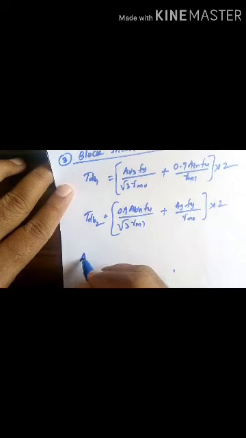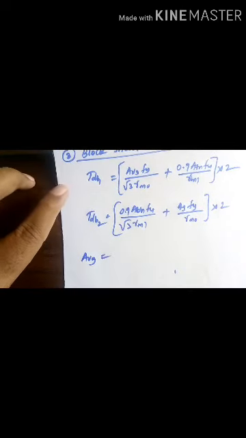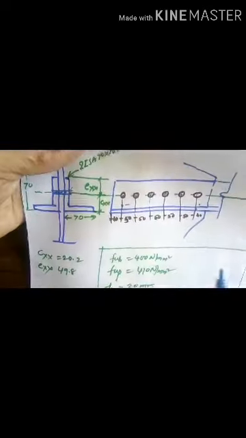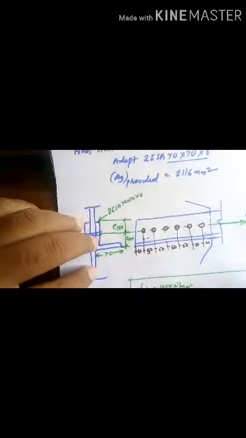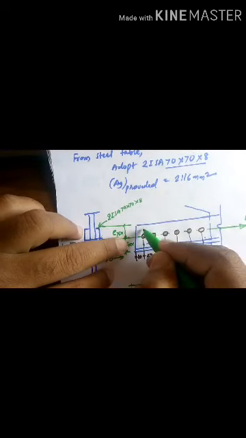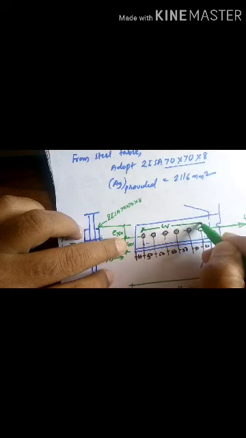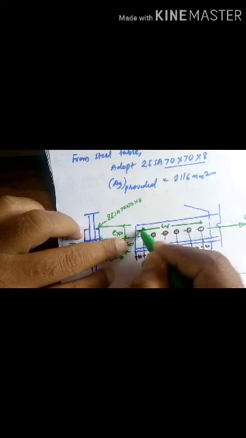Then Avg will be the shear area. In this figure you have to mark it, from here to here. This is the shear area.